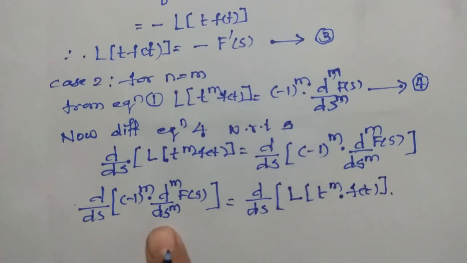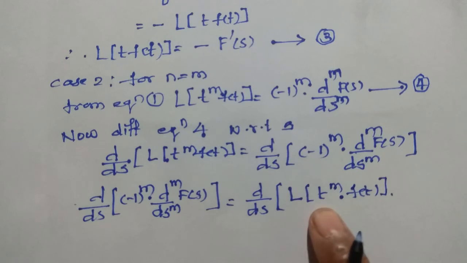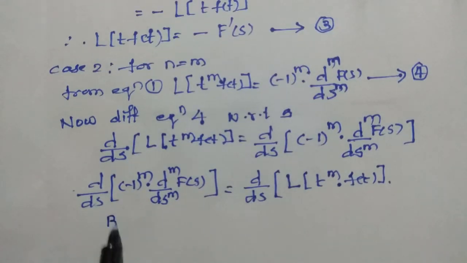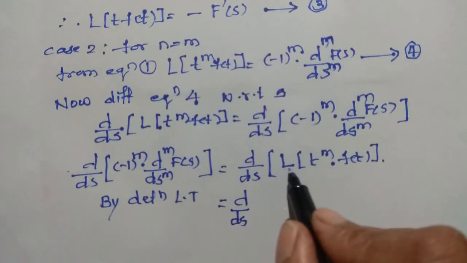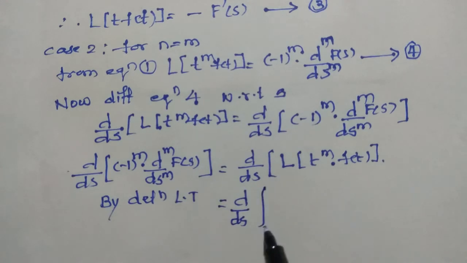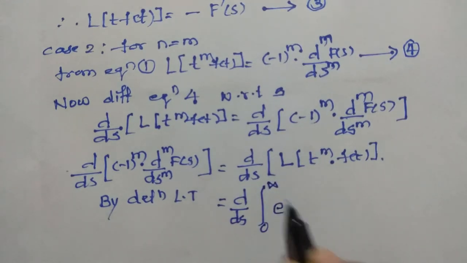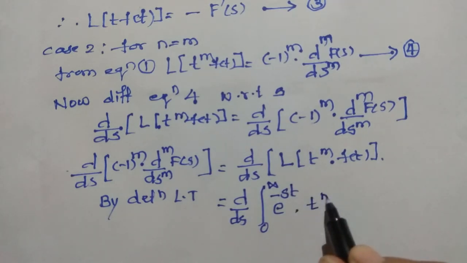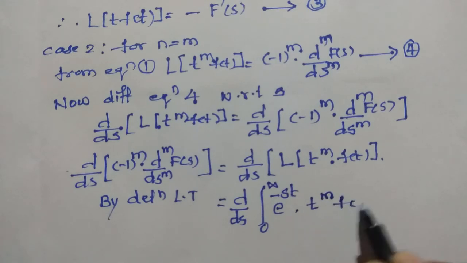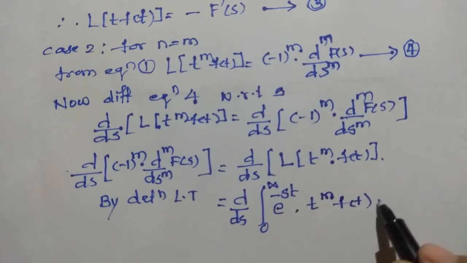Now keep the left hand side as it is and go for the right hand side. By definition of Laplace transform, we have the RHS as d by ds, keep as it is, and by definition write the Laplace transform as the integral from 0 to infinity of e raised to minus st into t raised to m into f of t with respect to t.